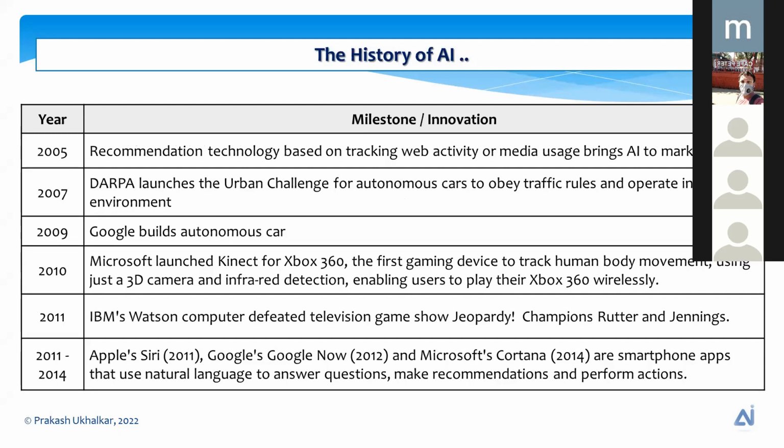Then, in 2005, recommendation technology based on tracking web activity and media usage brought AI to marketing. Do you know who is the leader in using this technology today? Recommendation engines, basically. It is AI-based technology. But do you know who is making really excellent profit using this technology? First of all, do you know where this technology is used?